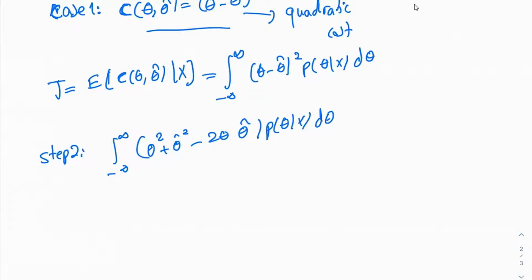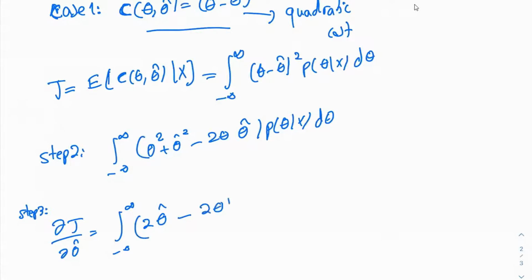Theta is a true value. So step 3, the partial of J with respect to theta hat is the integral from negative infinity to infinity. Theta squared with respect to theta hat is 0. This becomes 2 theta hat minus 2 theta times p of theta given x d theta equal to 0.